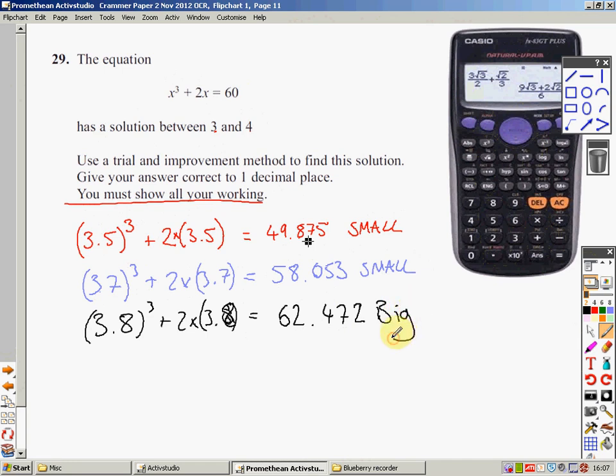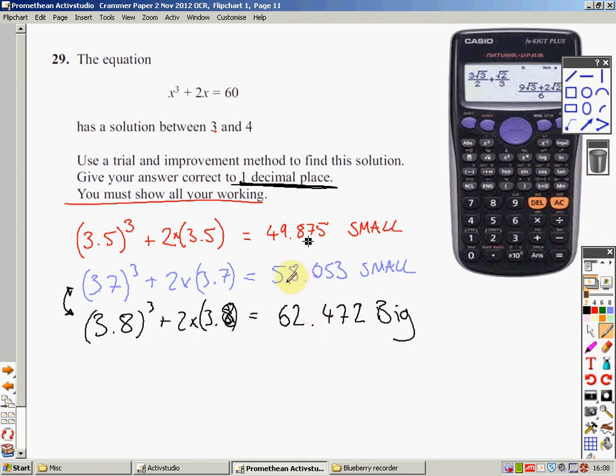So I know the answer must be somewhere between 3.7 and 3.8. But it's told me, give your answer correct to one decimal place. I can only work to one decimal place, and I'm already there. So it's either going to be 3.7 or 3.8. I've got to work out which is nearer. Now, generally speaking, you can see that's 2 away, that's 2.4 away. So this one here is nearer.